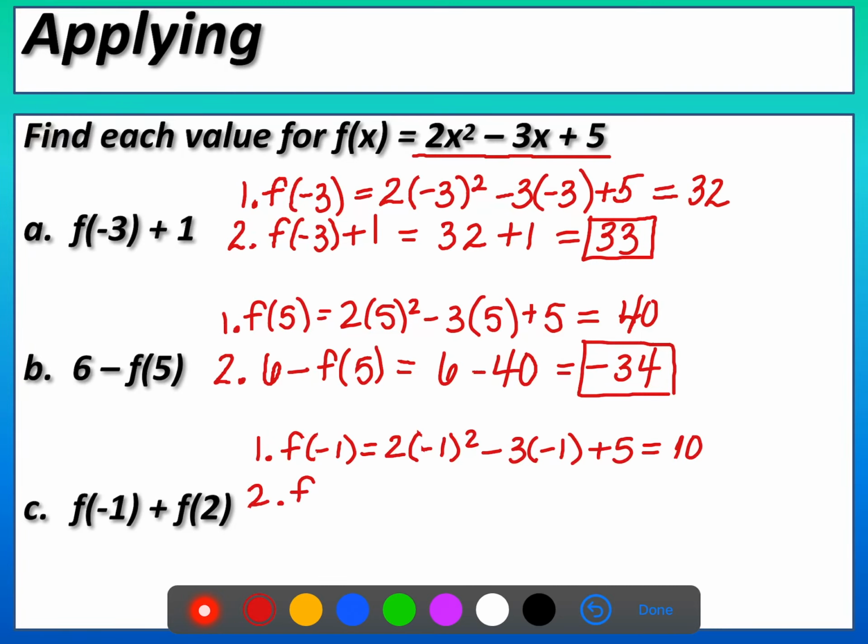And we get 10. Part 2 is going to be to evaluate f of 2. Okay, so we plug in 2 everywhere. Okay, and we get 7.